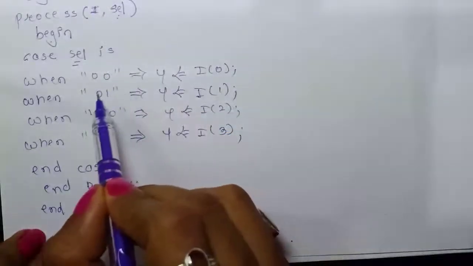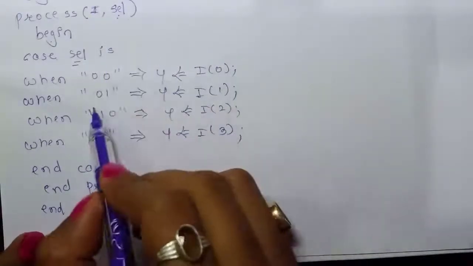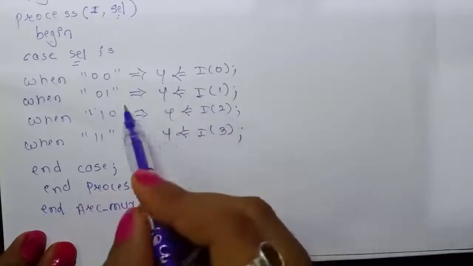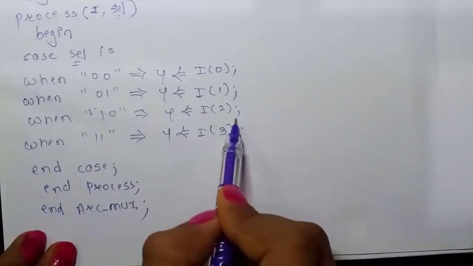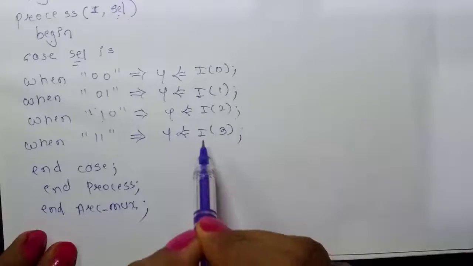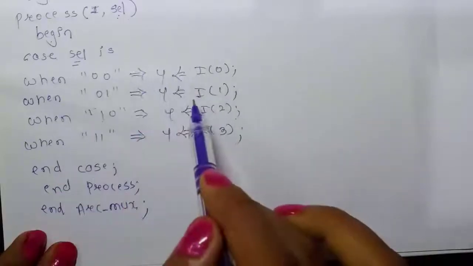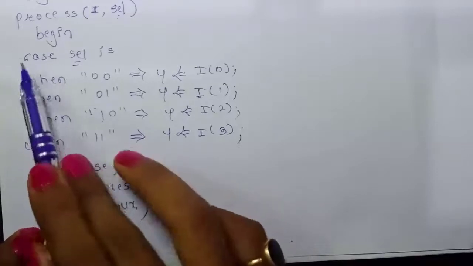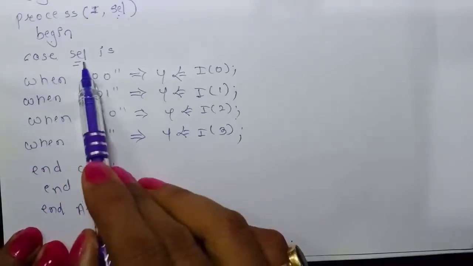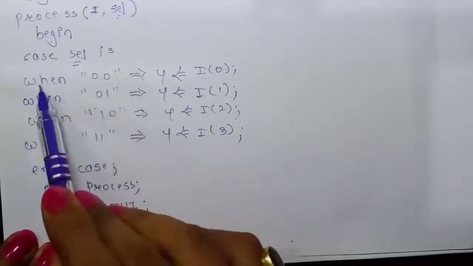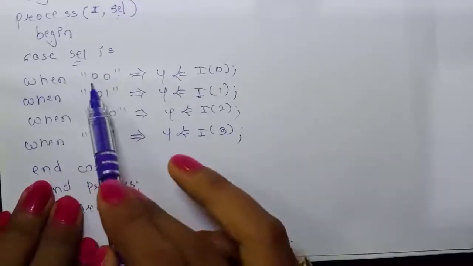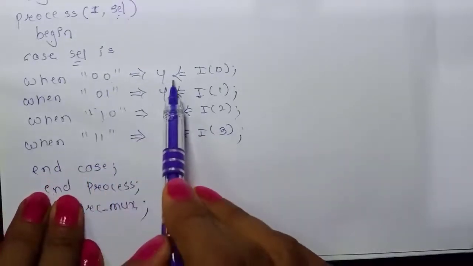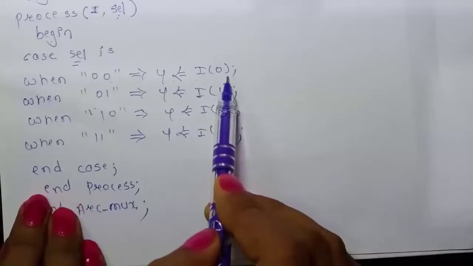Now we have to list out all our changing input, that is selection lines. If it is 0 0, output will be I0. If it is 0 1, output will be I1. If it is 1 0, output will be I2 and then I3. Okay, so we have to list out all these things one by one. That's why here we are going to use case statement. Okay, so case sel is. When your selection line is 0 0, your output will be assigned to I0.